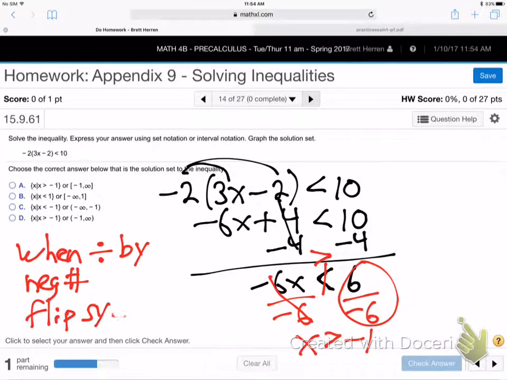I flipped, because I divided by a negative number, I had to flip the symbol. That's testing that you remember that. Good on that one? Does that make sense? Remember all that from your algebra? So it's really a review of algebra.